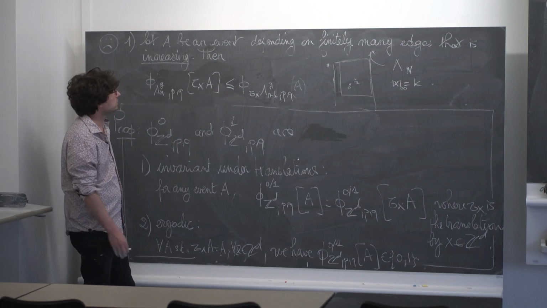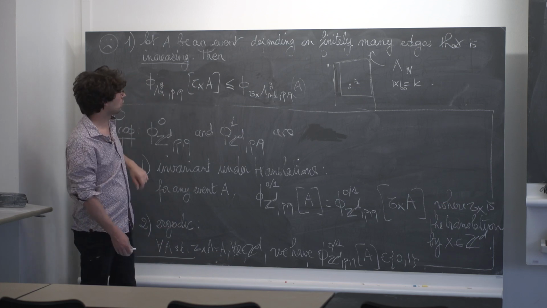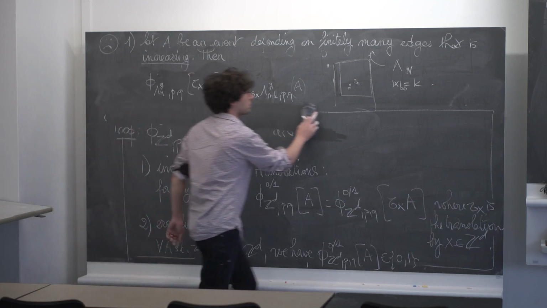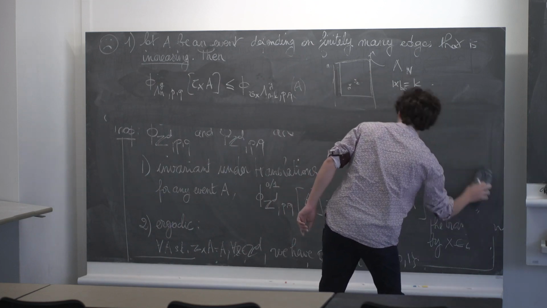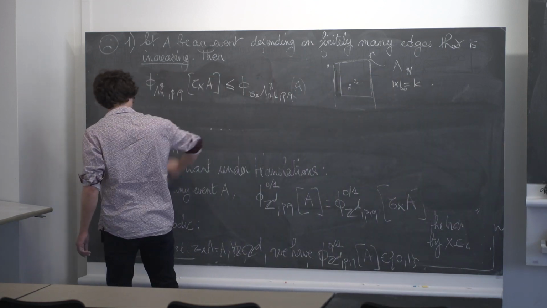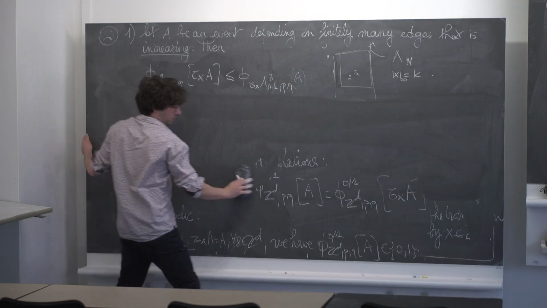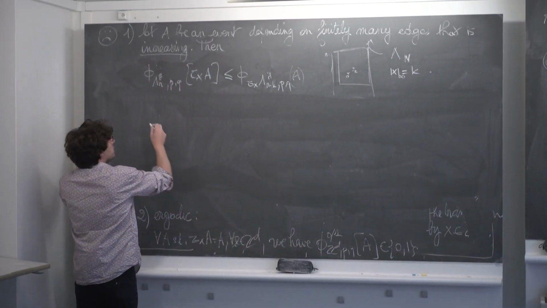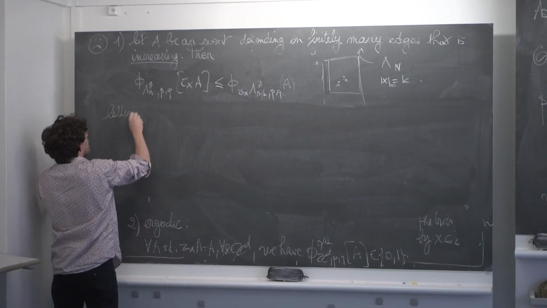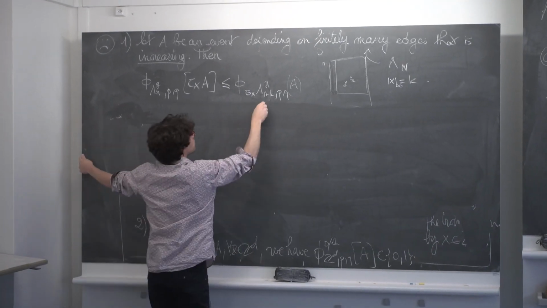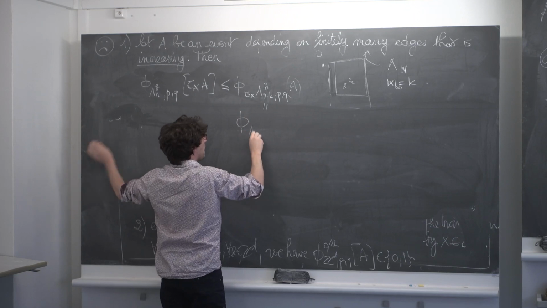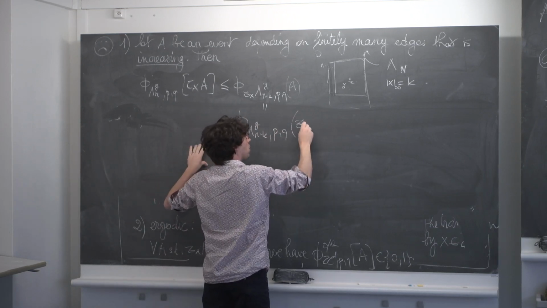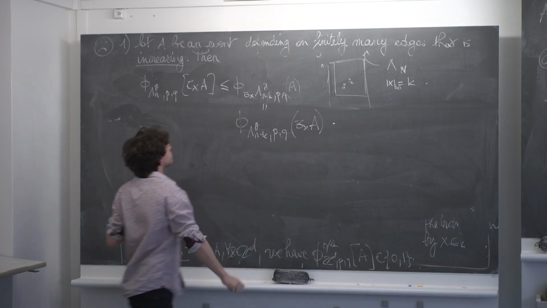But I chose to go with the ghost one, so I get this. And this of course is just phi lambda n minus k ghost PQ of tau x A.